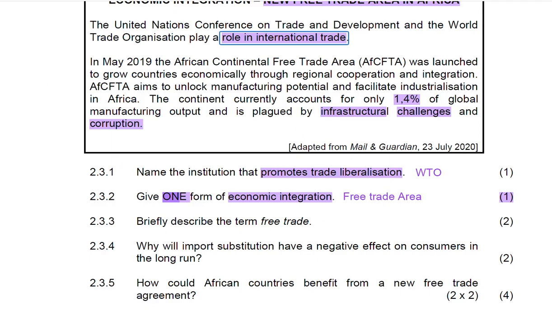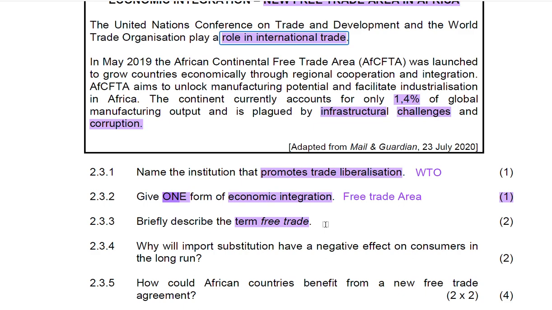If someone comes to you and says there is free trade in South Africa, what does that mean to you? Or what have you learned in class about the term free trade? Free trade is when consumers and producers are free to buy goods and services anywhere in the world without restrictions.